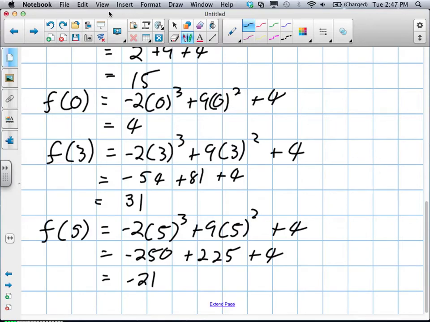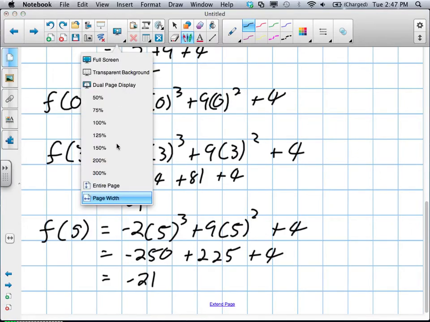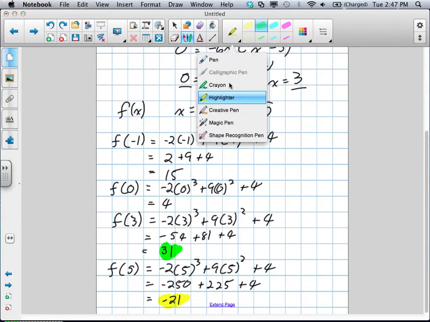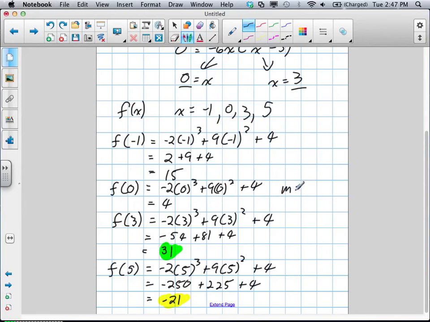So let's compare all of our values here. We can see them. Our lowest point is negative 21, and our highest point is 31. So our max occurs when x is equal to 3, which is one of the turning points that we found, and our minimum is actually our ending point, when x is equal to 5.